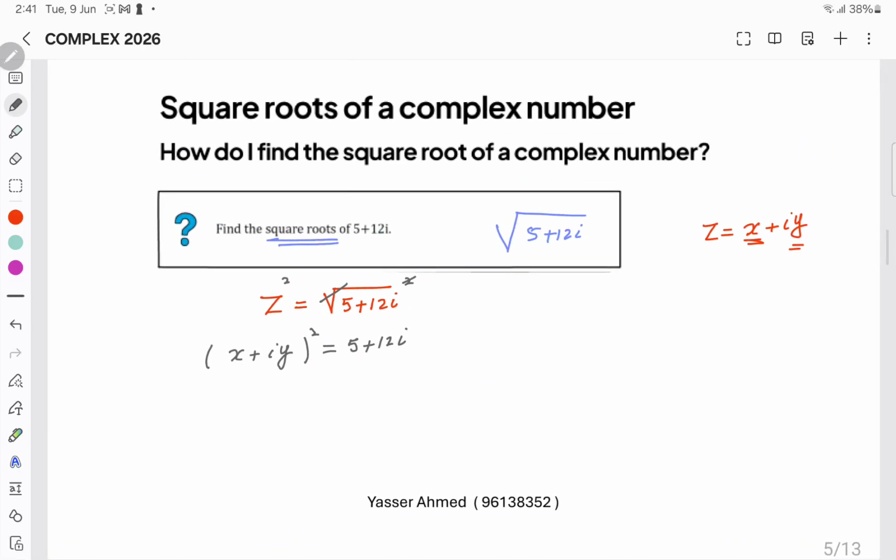I told you before that (x plus iy) squared is always equal to x squared minus y squared as the real part, plus 2xyi. Memorize that.